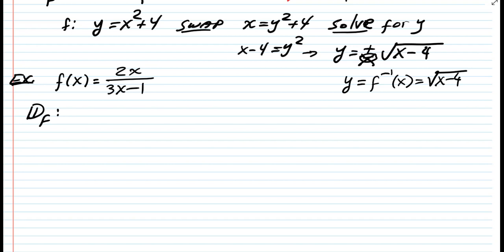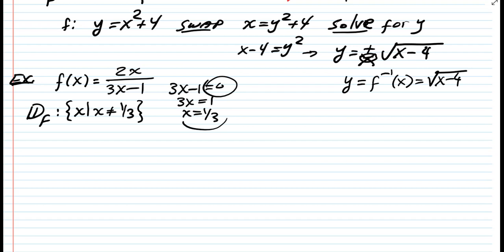The domain of a rational function is all x except what makes the bottom 0, right? And so we know that x cannot be 1/3, because 1/3 makes the denominator 0. You see that? At 1/3. So it cannot be. We want to prevent division by 0.